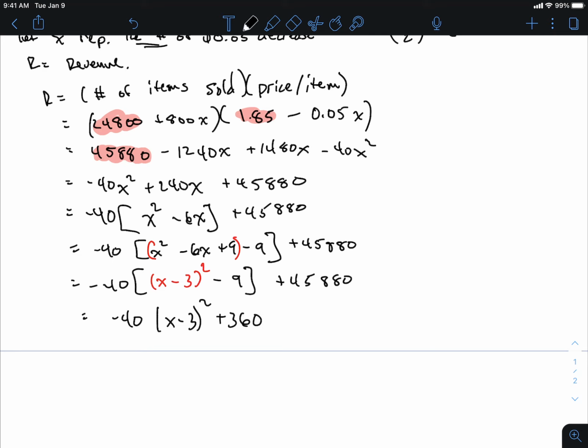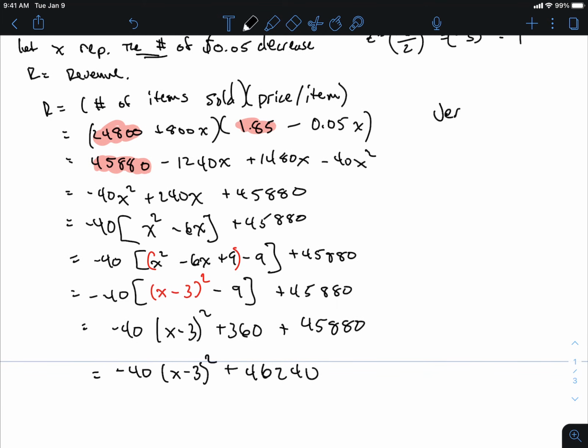Yeah, I was just looking at the sign there. So there, the vertex you could write as 3, 46,240. What does that mean?